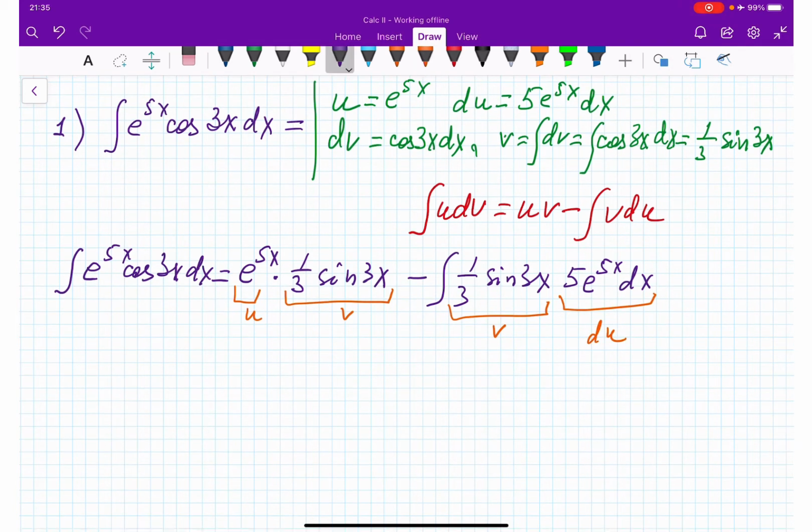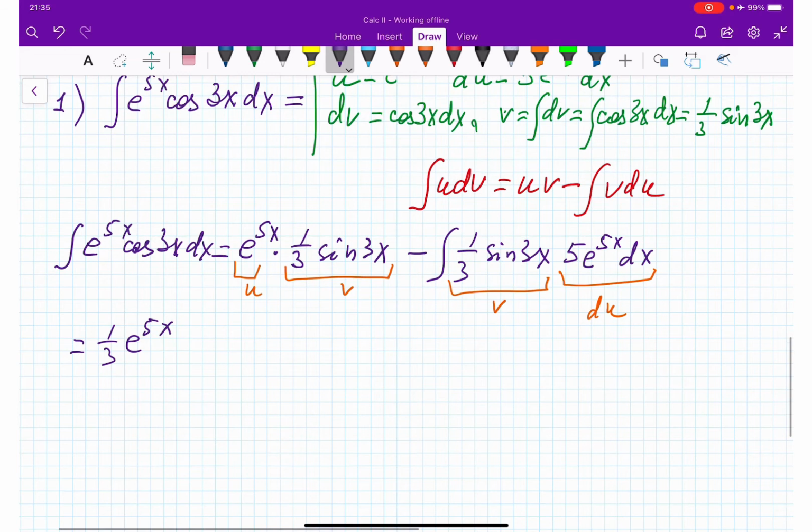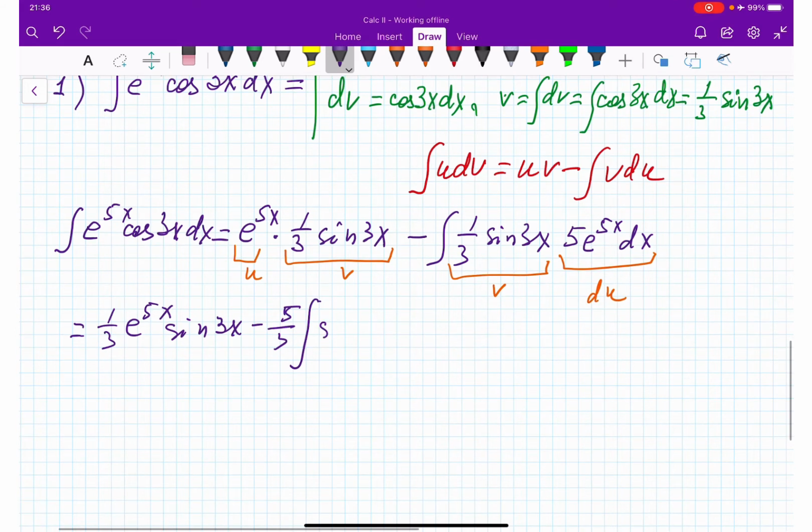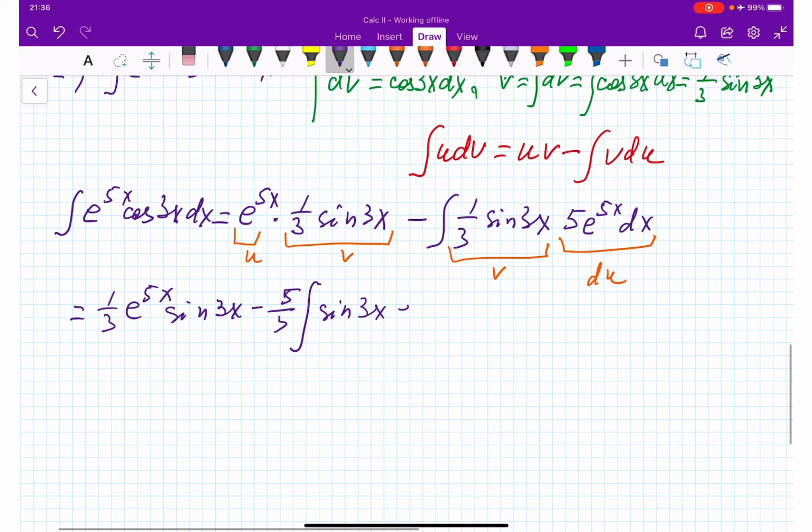So this is going to be equal 1/3 e to power 5x sine 3x minus 5/3, we're taking the constant out, integral sine 3x e to power 5x dx.